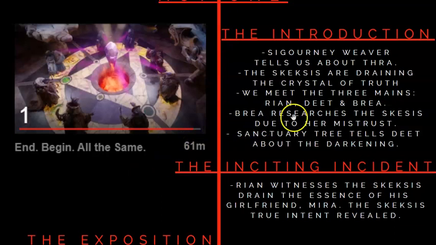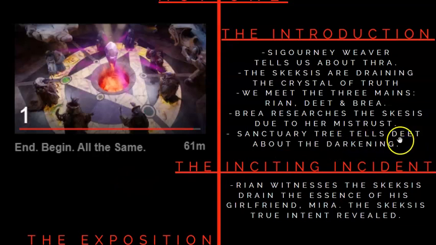In this first episode, she decides to research the Skeksis due to her mistrust over this Trial by Stone event, where people have to give the Skeksis gifts or whatnot, and Brea didn't like that.